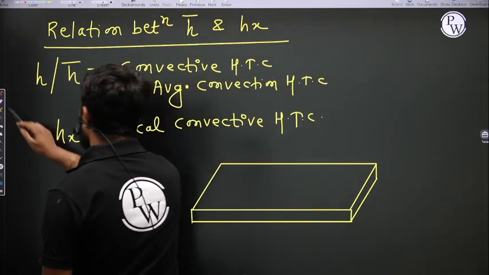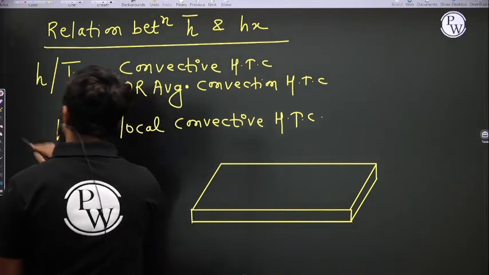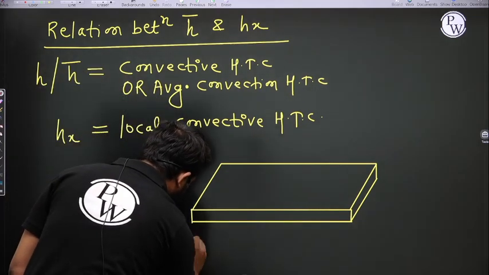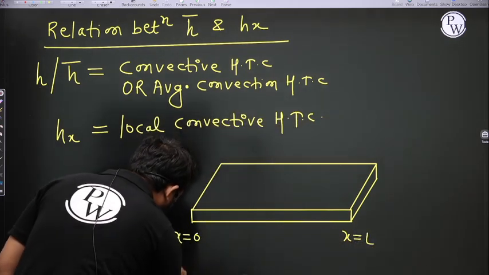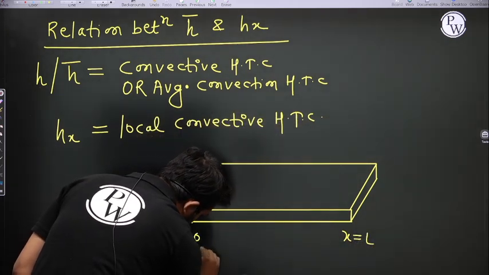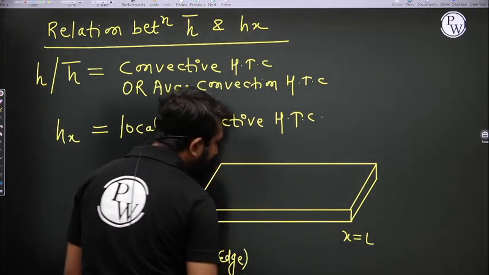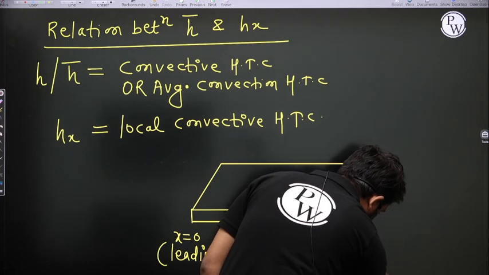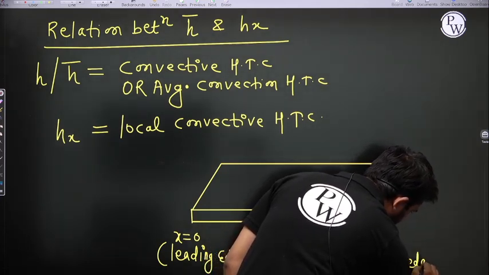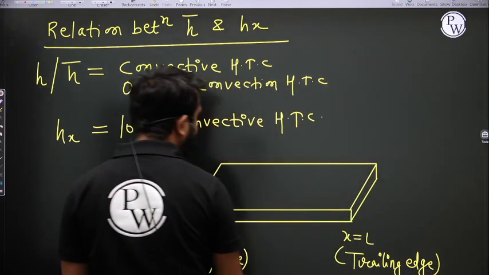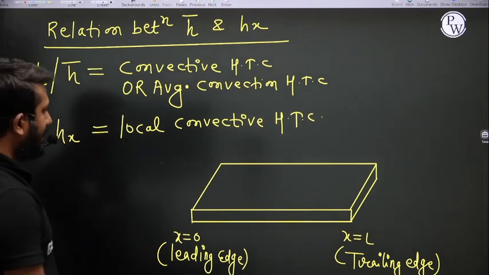Okay, and this is x is equal to 0. This is x is equal to L. Actually, x is equal to 0 is known as the leading edge, and x is equal to L is the trailing edge.